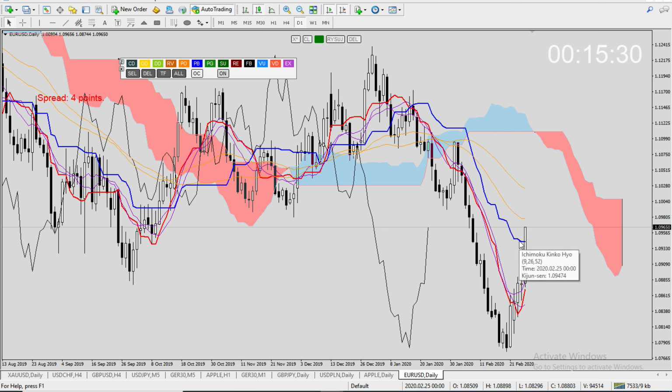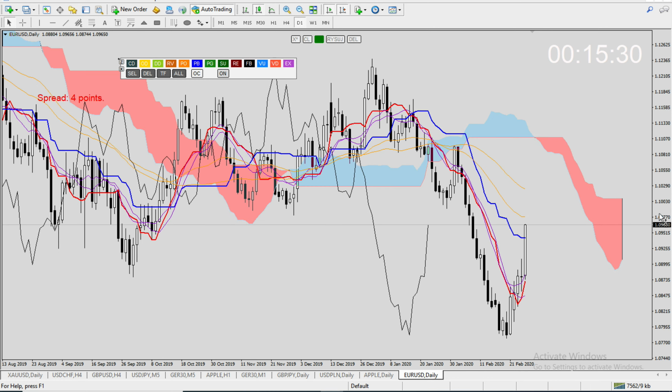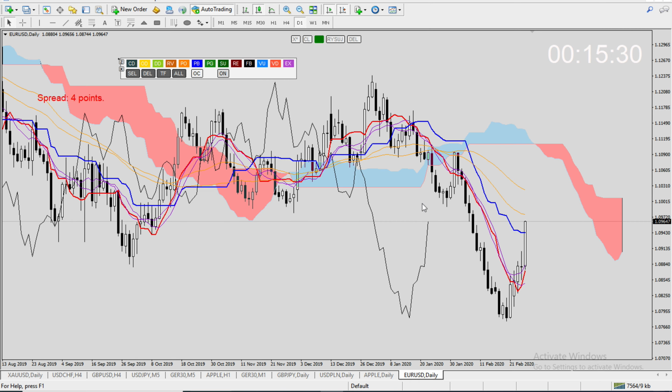We are breaking through the Kijun at the moment on the daily, but don't be fooled. I believe we will go down again. So I think this is like the first wave, second, third, fourth, and then there will be a proper fifth one. So that might be an S wave actually.